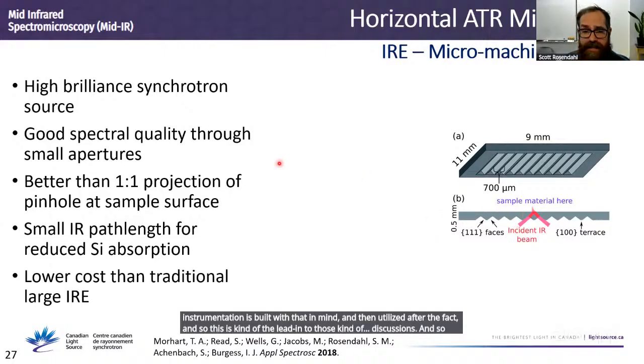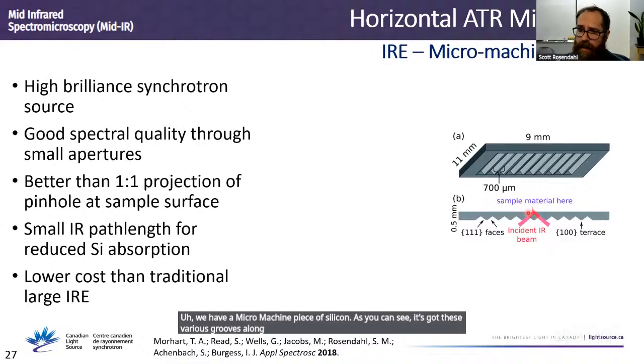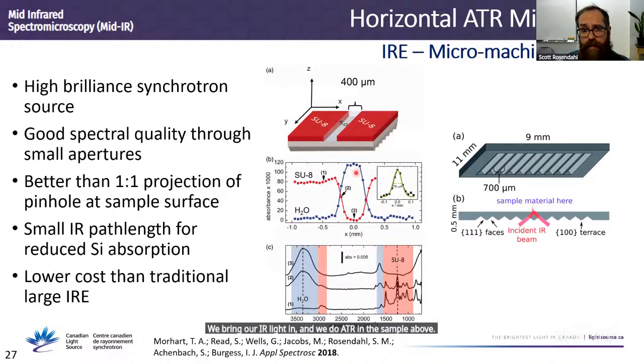In this case, we have a micro-machined piece of silicon. As you can see, it's got these various grooves along the bottom. We bring our IR light in and we do ATR on the sample above. We're able to look at co-flow of basically water and D2O through these kinds of things as well.